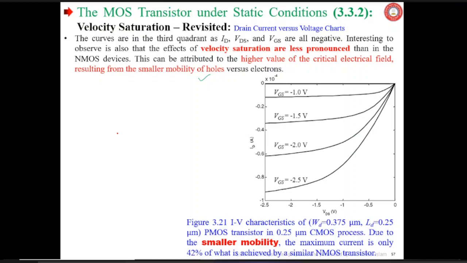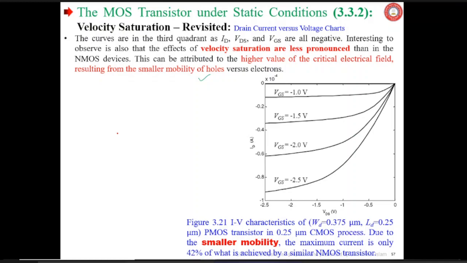Now, the next thing is subthreshold conduction. We have already discussed subthreshold conduction. So here, a summarized version you can see. Current does not drop abruptly to 0 at VGS equals VT, or when VGS is less than VT.